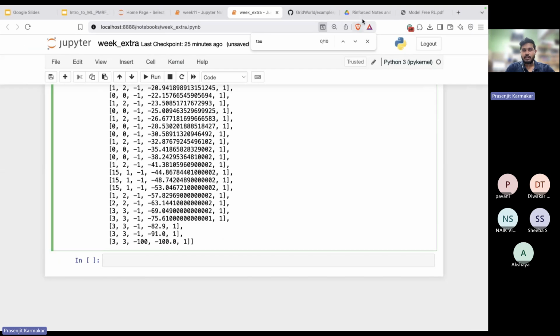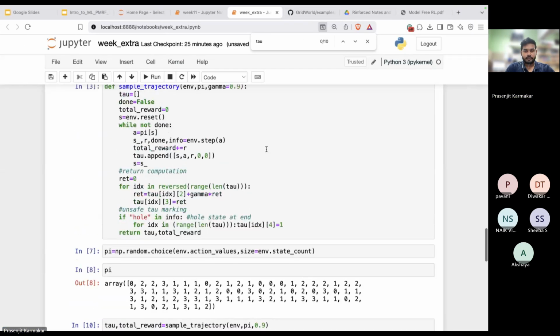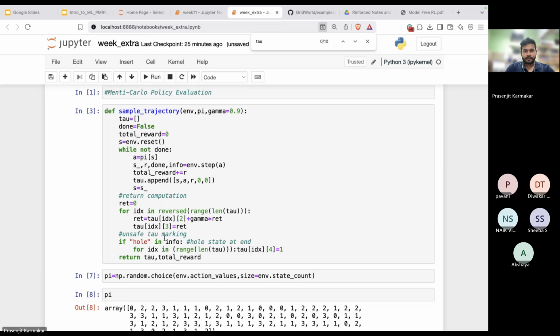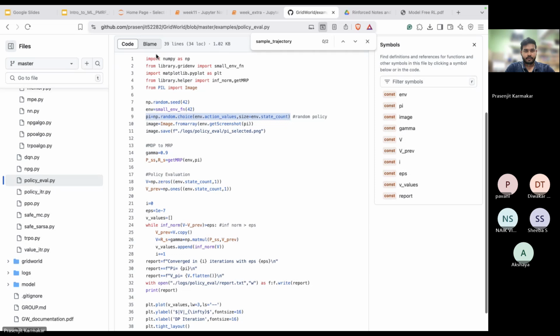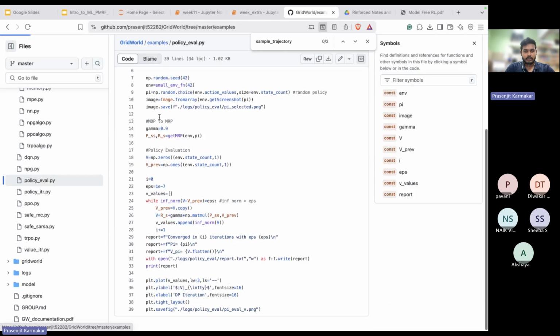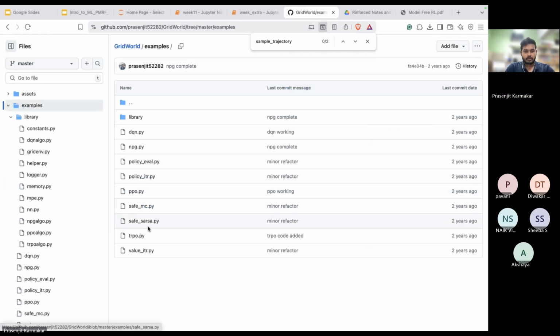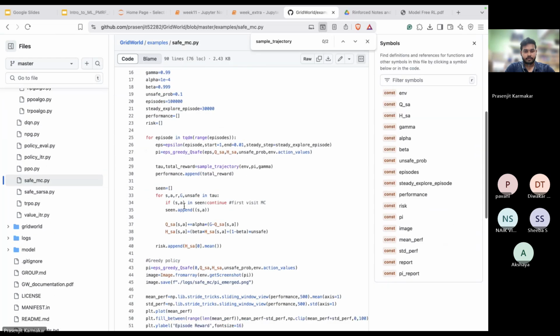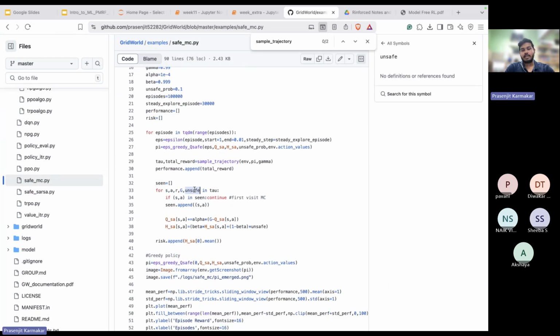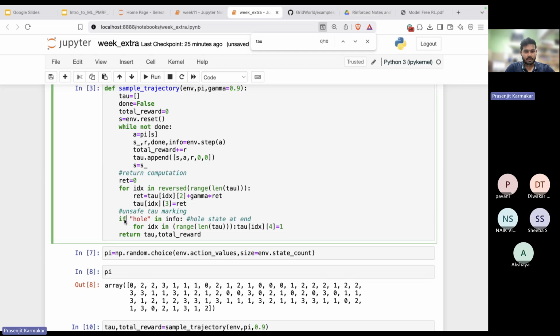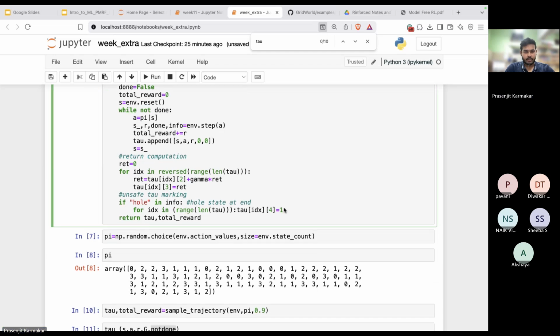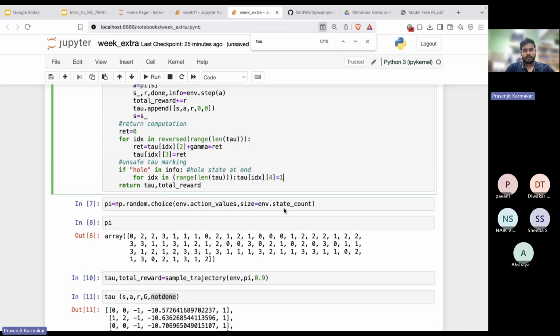Is it not finished? Let me check. Examples. It's unsafe, sorry. The unsafe thing is not important for us, so we may ignore it.